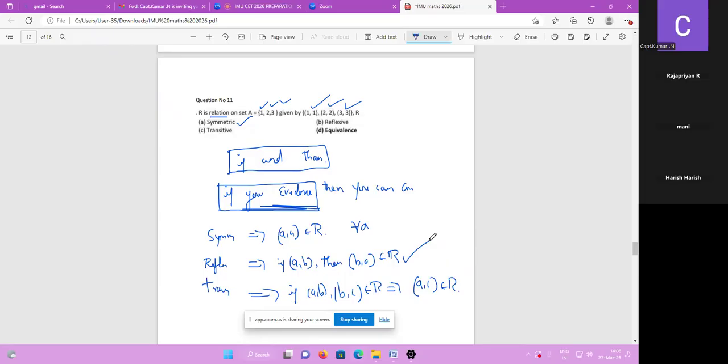Now, the third part. You cannot find A comma B and B comma C, because here if A comma B ends with B, then B should start the next pair. I have all the same elements. So I cannot find the if part here, so I don't worry about the then part. So I'll take it as automatically true.